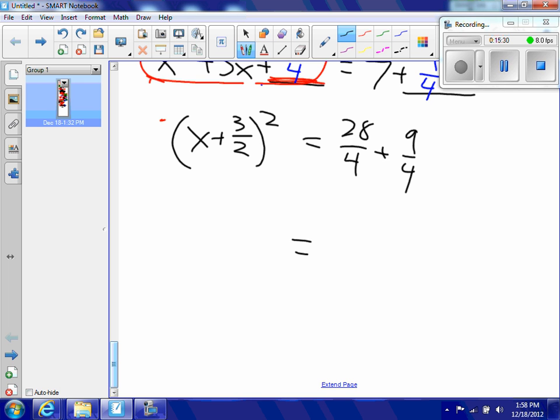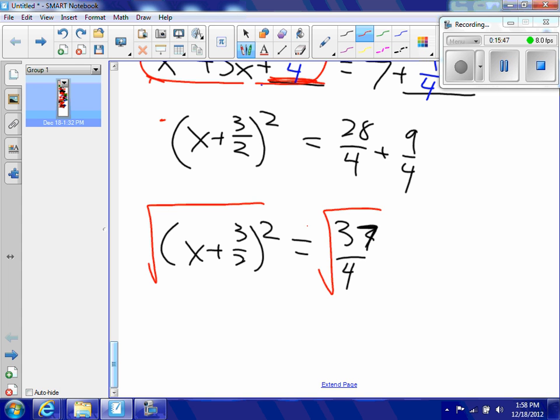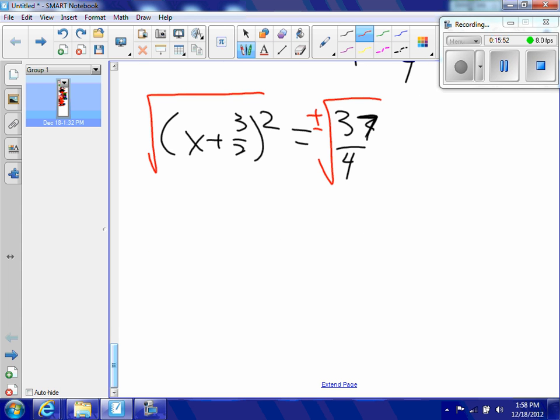So it's equal to 37/4. Let's take the square root of both sides. Don't forget your plus or minus. I end up on this side with x plus 3/2, and on this side I have radical 37 over radical 4.